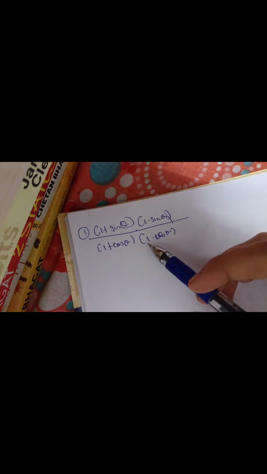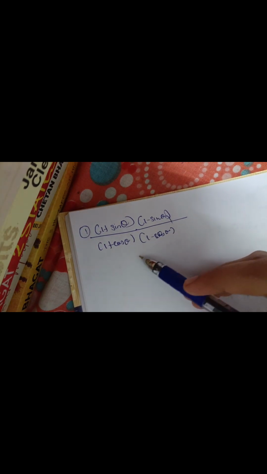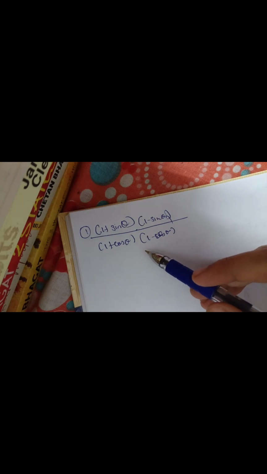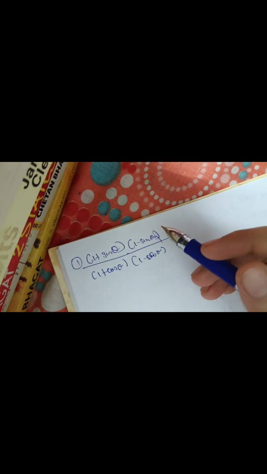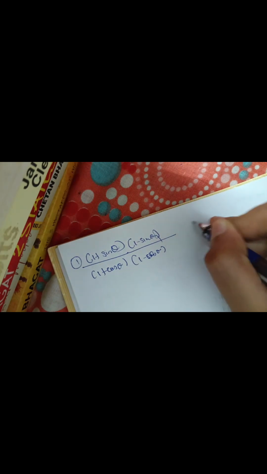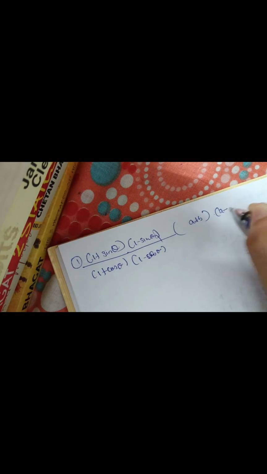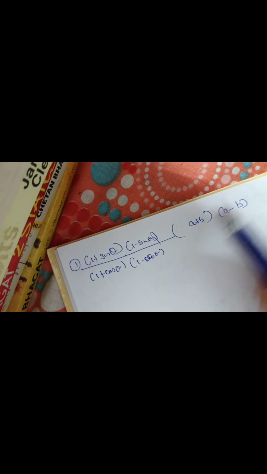So in here we can observe that 1 plus sine theta into 1 minus sine theta by 1 plus cos theta into 1 minus cos theta is in the form of a plus b into a minus b.